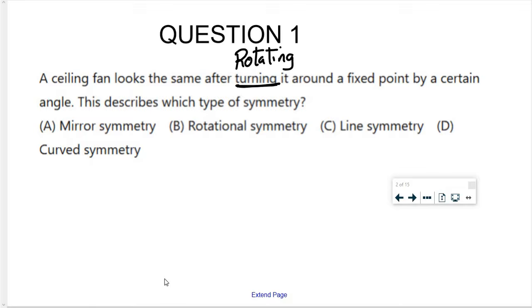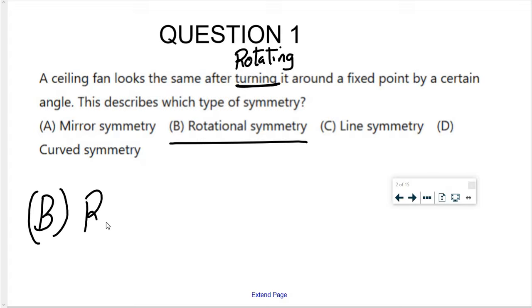So a ceiling fan looks the same after rotating around a fixed point by a certain angle. This describes which type of symmetry? Answer is option B, rotational symmetry.